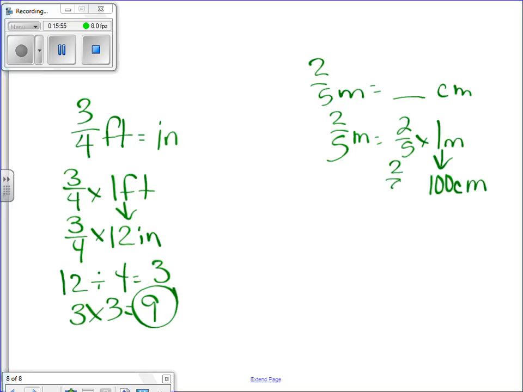So 2/5 times 100 centimeters. 100 divided by 5 is equal to 20. 20 times 2 is equal to 40.